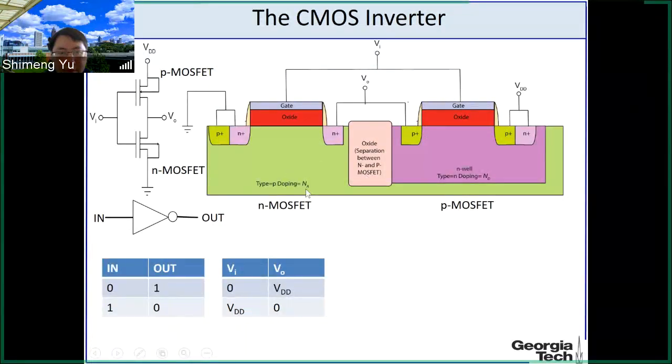Here the substrate is p-type doping, so you can make the NMOS on top of that directly. And for the PMOS, you first have to build this N-well, N-type doping, and then make the PMOS in this N-well region.